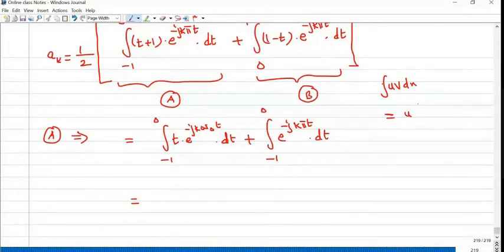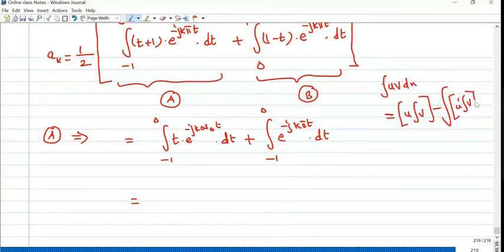So this is U integration V. Substitute your limit minus integration of U dash integration V. So here T is U and this term is V. So T into e power minus jk omega naught t divided by minus jk omega naught.